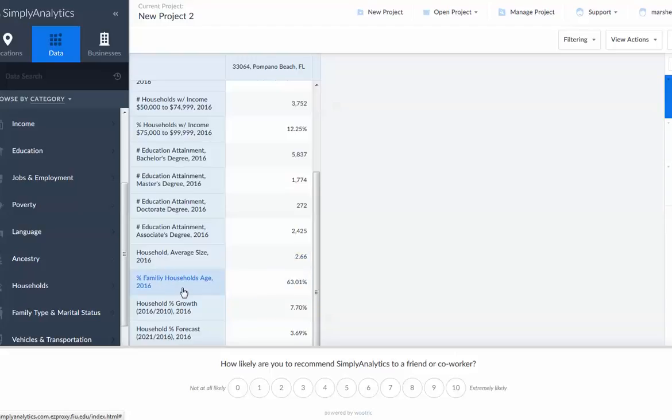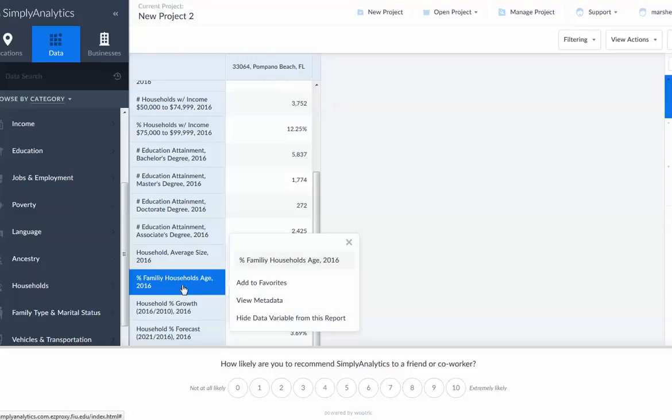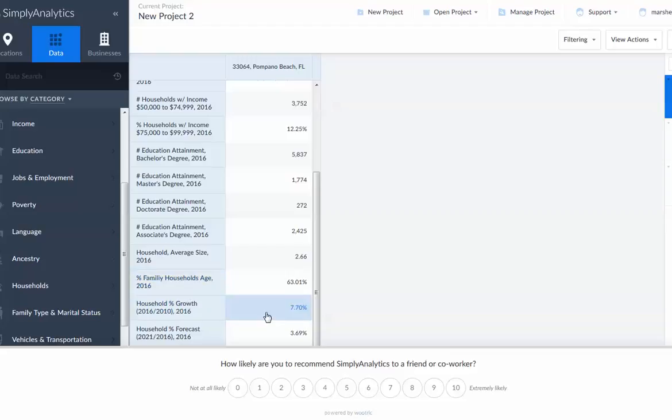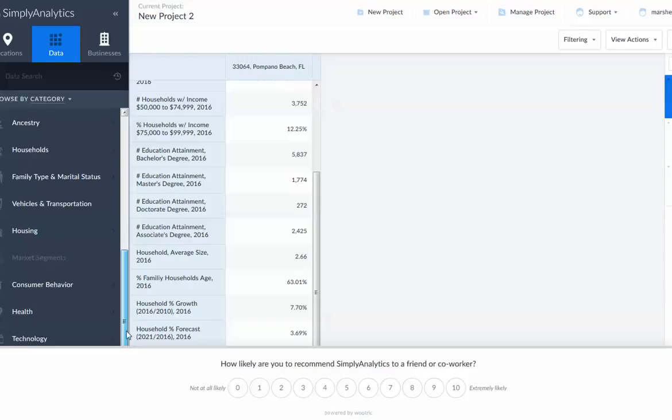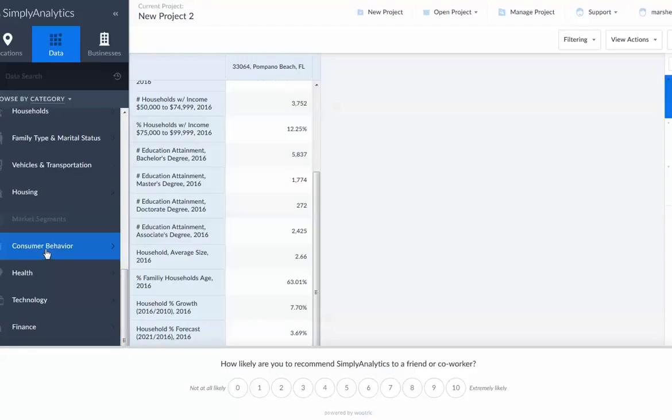This is the one, household growth. From 2016, the number of households that moved into the area or otherwise people got married, the number of households that increased was 7%, and I'm forecasting that this is going to fall off. So we're going to see a slowing down of growth of people in households.